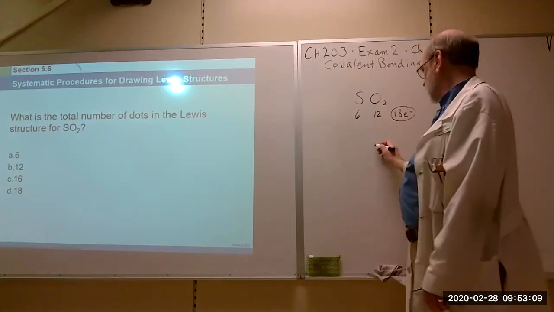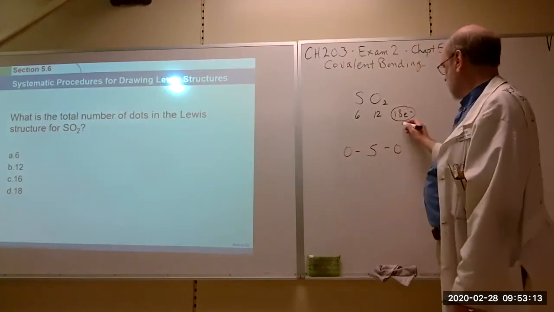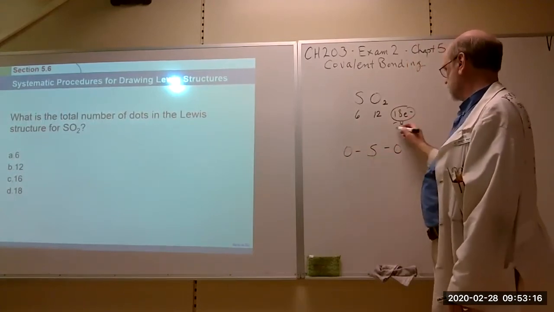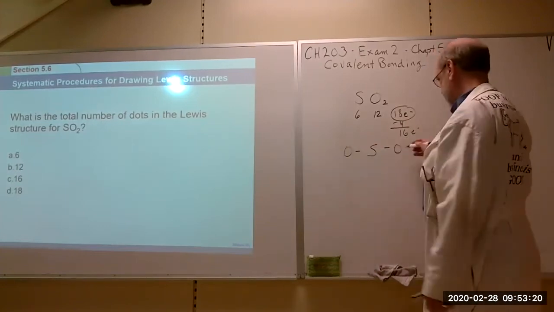So we have sulfur in the middle, oxygen, oxygen, minus 4, right? 2, 4, 16. Then we work our way in.